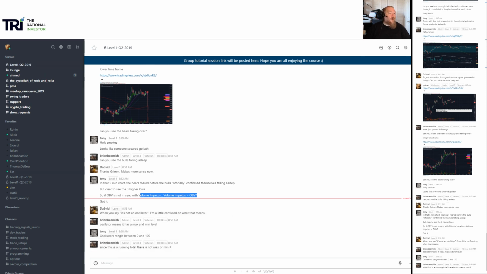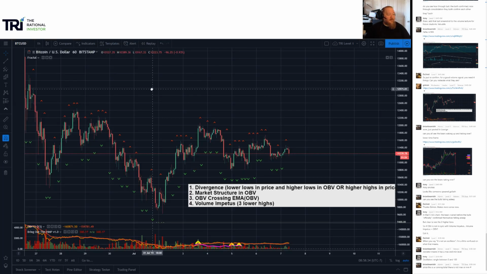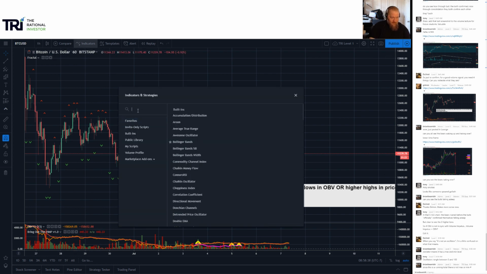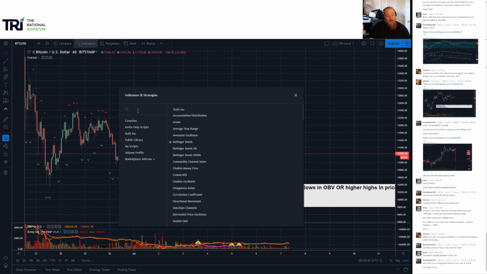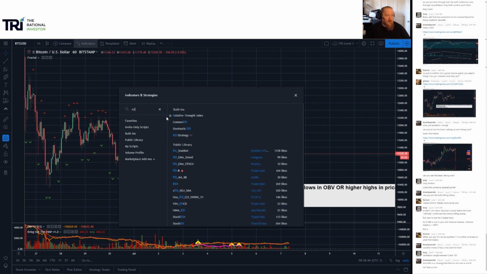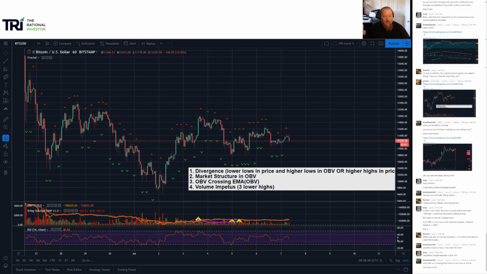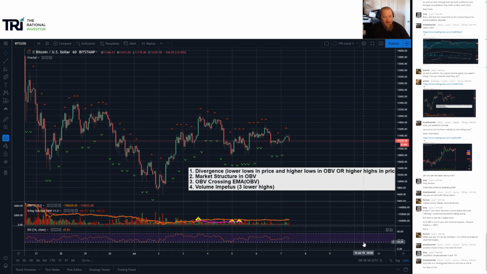Oh yeah, so oscillators, to give you a quick example of an oscillator, an oscillator is like the RSI, okay? The RSI has an upper boundary and a bottom boundary, all right? It goes between 0 and 100. The RSI will never be greater than 100 and never be less than 0, okay?